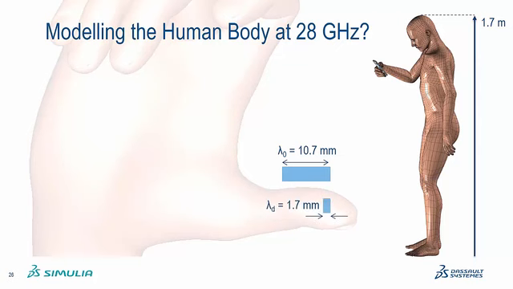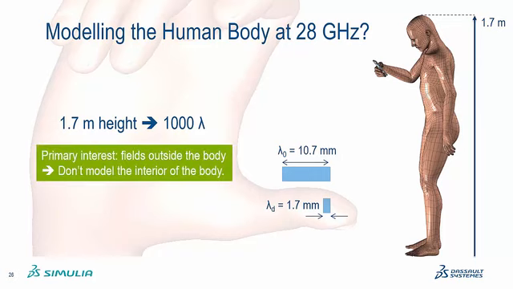If you go into the human body, which has a relative permittivity which, for these homogeneous body models, is taken typically as about 40, that reduces the effective wavelength to about 1.7 millimeters. And that means that a person of 1.7 meter height is 1,000 wavelengths in size. That becomes quite a challenging large simulation model.